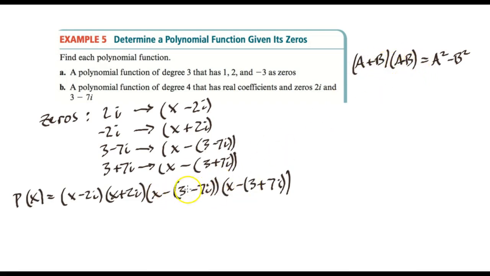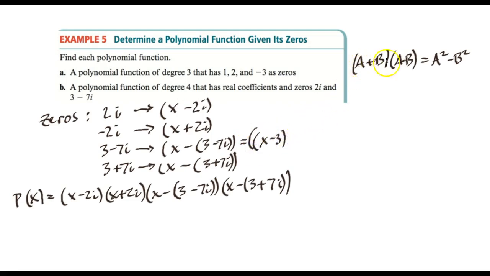So just to see what I'm talking about, I have it written right here. So we're going to rewrite this. Notice that x and negative 3 have the same sign, so I'm going to distribute the negative to the 3, and I'm going to have minus 3.